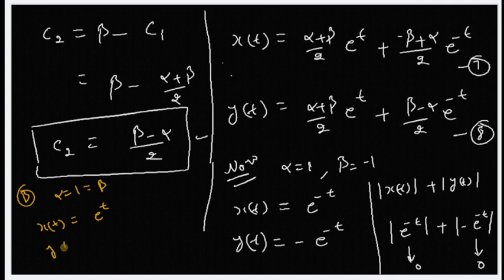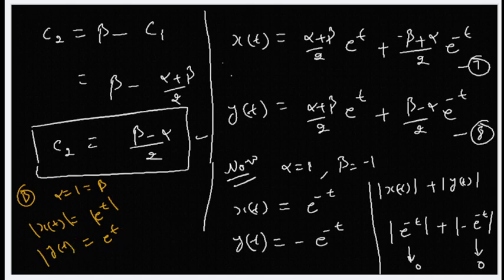Similarly, y of t equals e to the power t, and this term cancels out because alpha equal to 1 and beta equal to 1, so this term is 0. So the modulus of this equals the modulus of this.